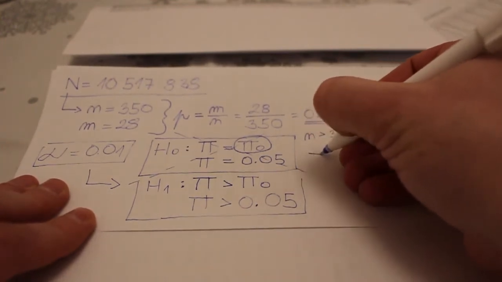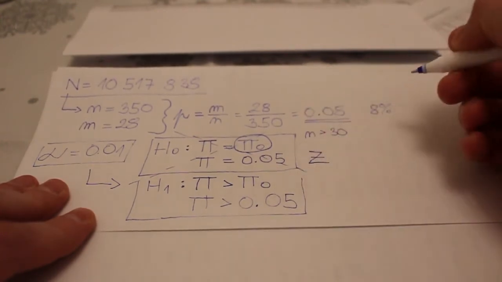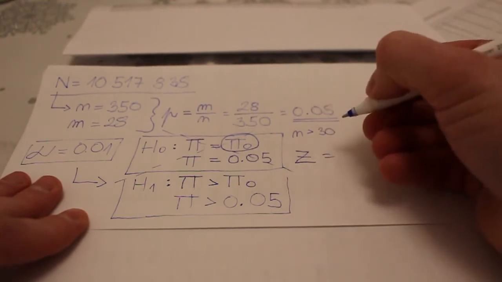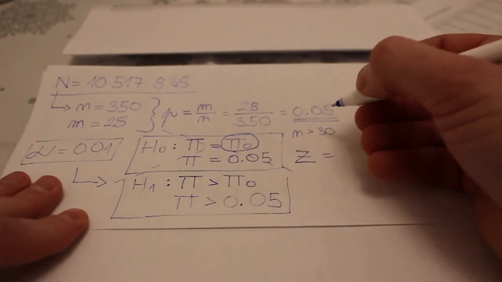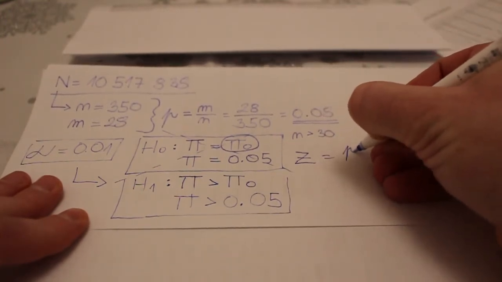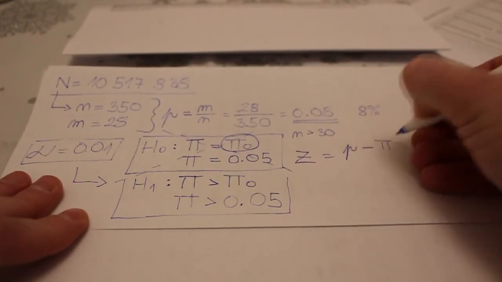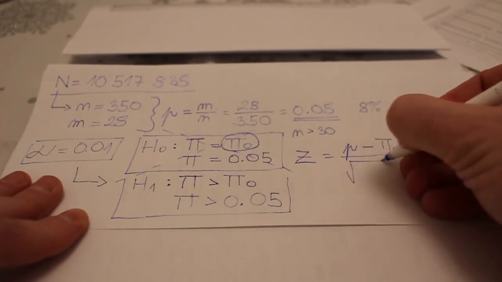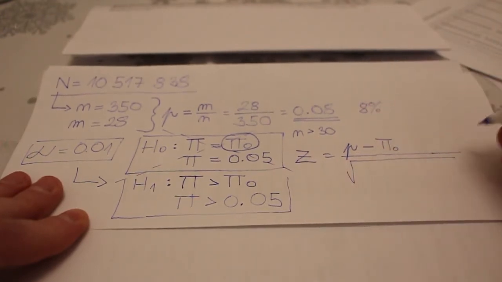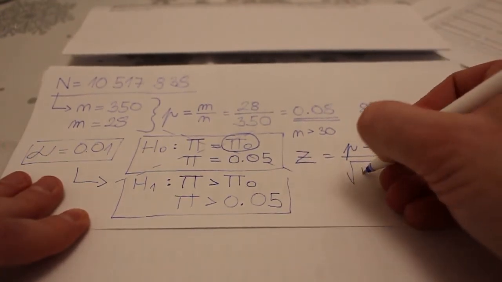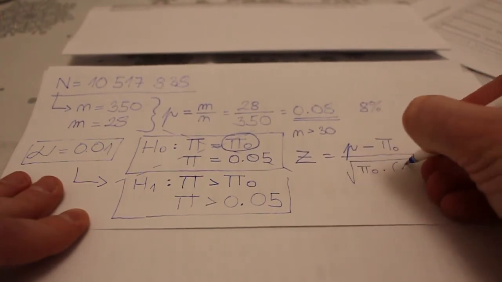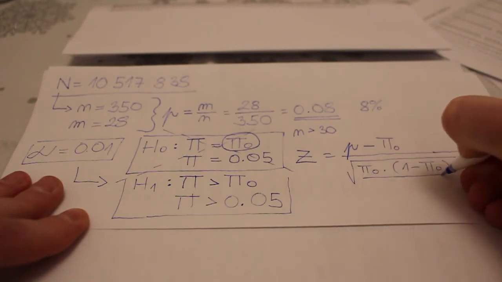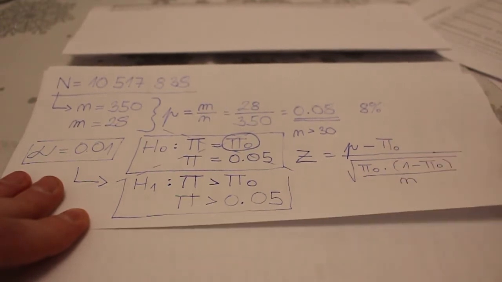The test statistic has standard normal distribution Z, and this test statistic is equal to the sample proportion minus P0, divided by the square root of P0 times 1 minus P0, divided by n.